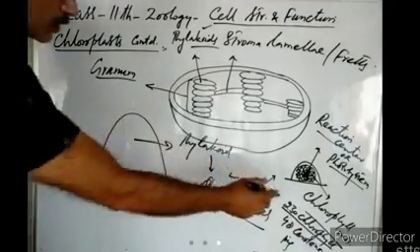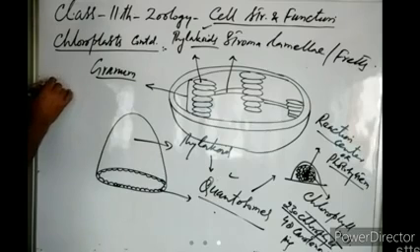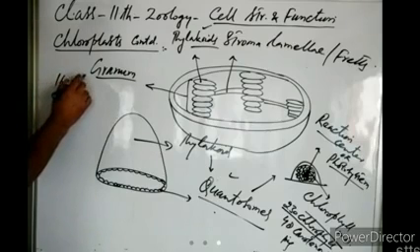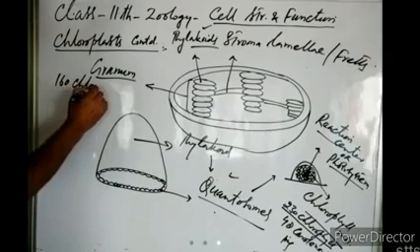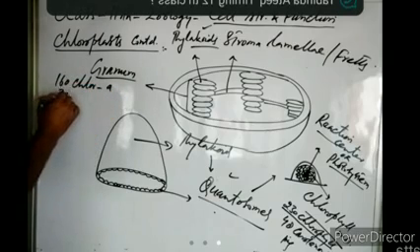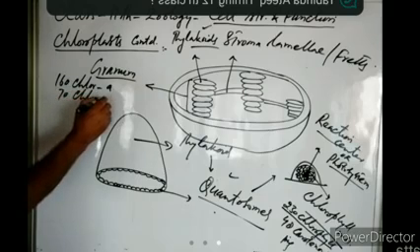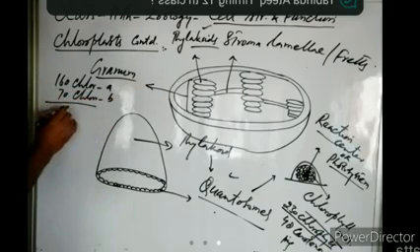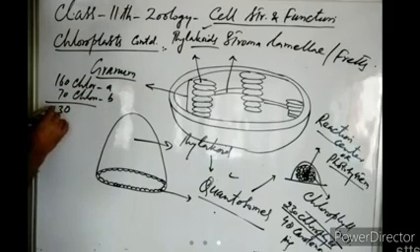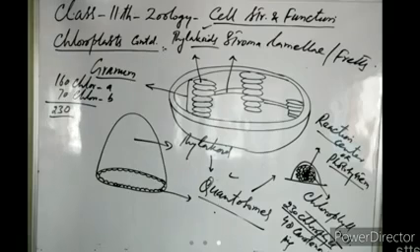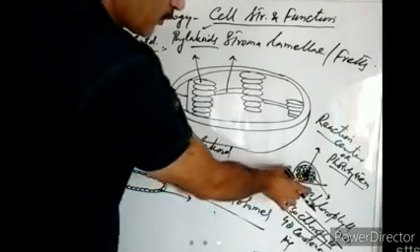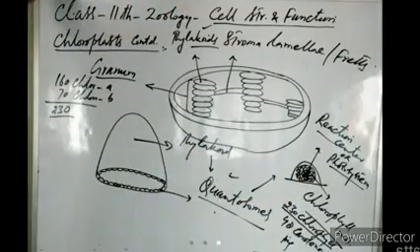Out of these 230 chlorophyll molecules, there are 160 chlorophyll A molecules and 70 chlorophyll B molecules, right? So in this contosome, there are 160 chlorophyll A molecules and 70 chlorophyll B molecules. So it is here that photosynthesis occurs. So it is known as a photosystem or a reaction center.